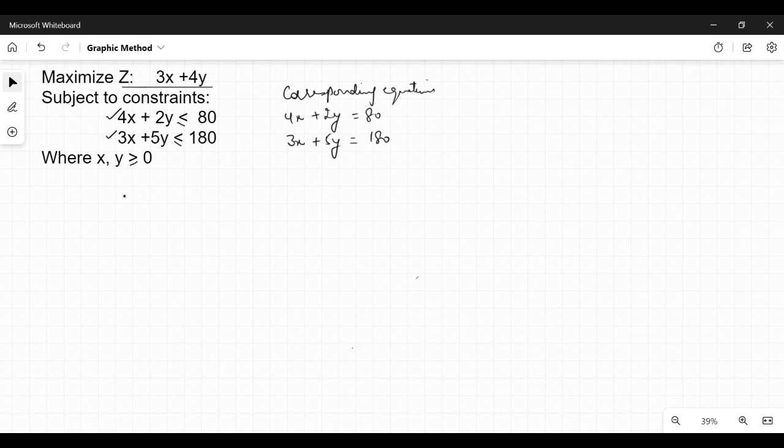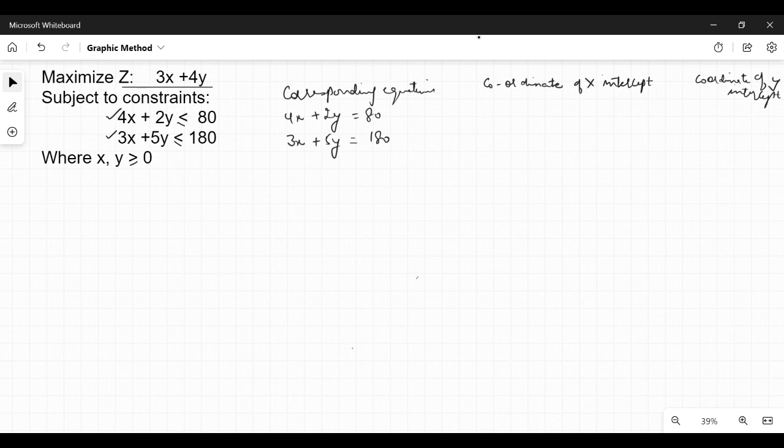Next we need to graph the lines of the inequalities, and we can do that using the coordinates of the x-intercept and the coordinates of the y-intercept. Now how to do that?